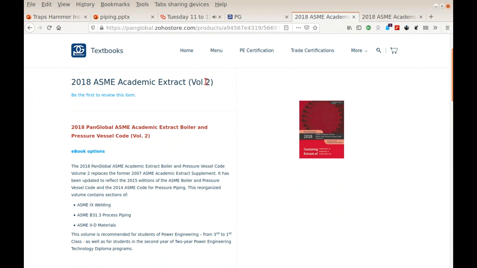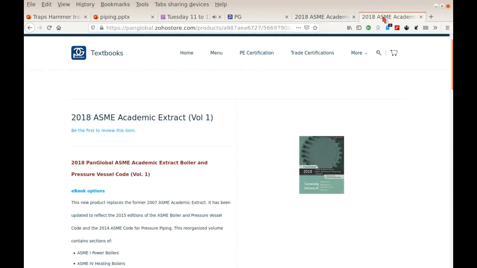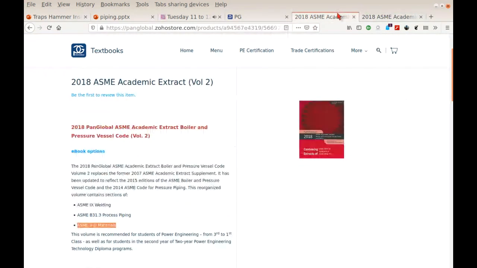So this is the second volume. This is volume 2, and this one here is ASME Code Section 9, which is welding. It's got 31.3 process piping, and it's got ASME 2D materials. So I think that this is really good for a 3rd class, but definitely when you get into 2nd, you should have this and you should have that one.